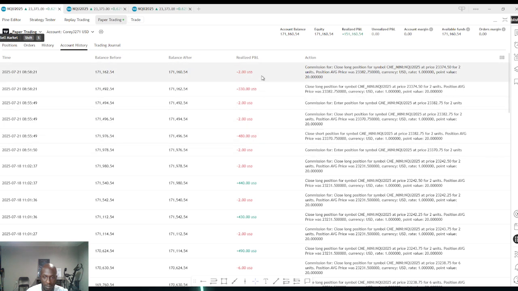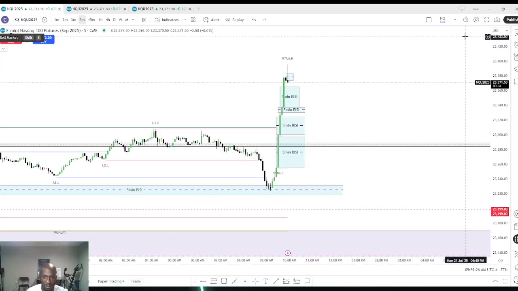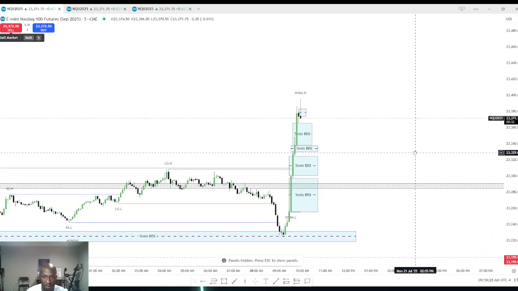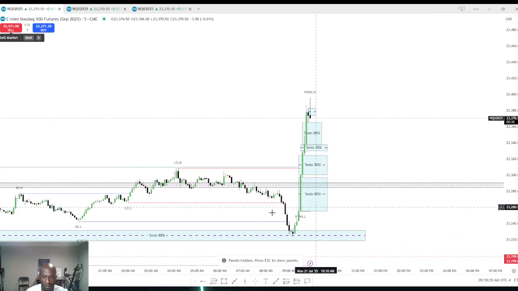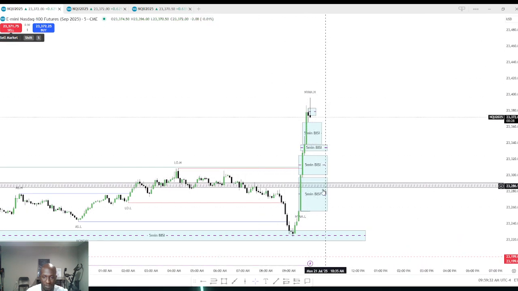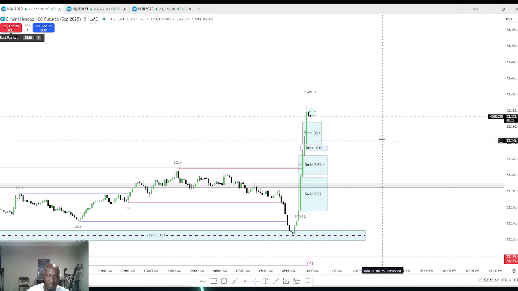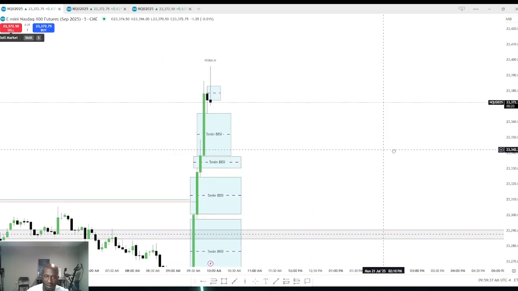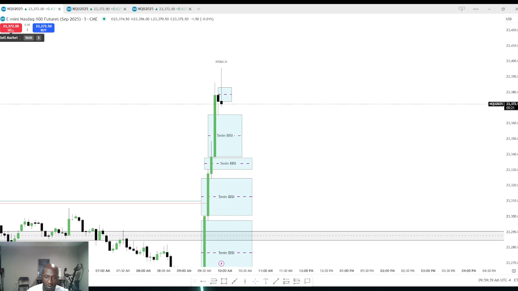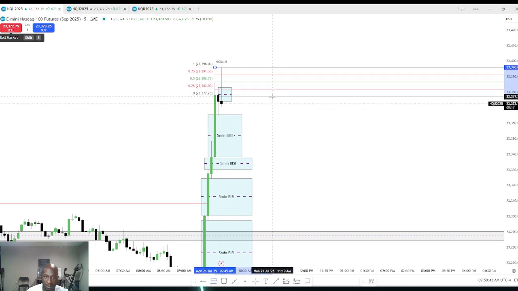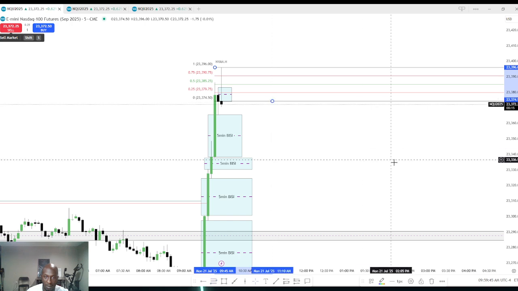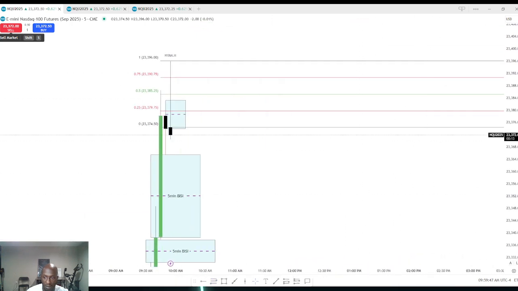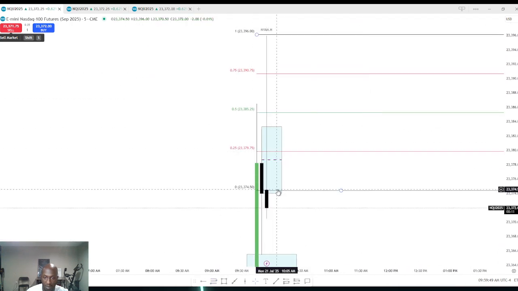So 2 losses thus far. I'm all right with that. So I'm favoring shorts, because again, all these 5 minute busies. What I am going to do is measure this wick again to see if we can get an entry down into these 5 minute busies.